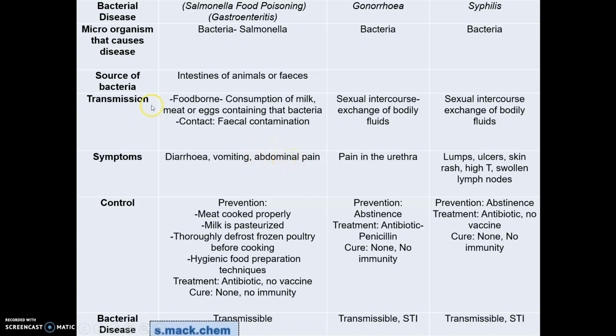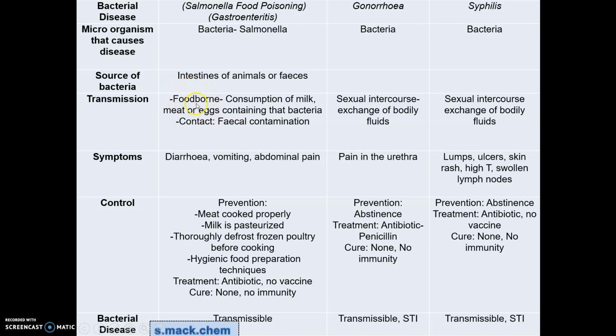So, how does this bacteria Salmonella get into the body? It does so by a method of transmission called a foodborne method of transmission, where the Salmonella is present in milk which has not been pasteurized properly, or meat or eggs that have not been cooked properly or are raw.